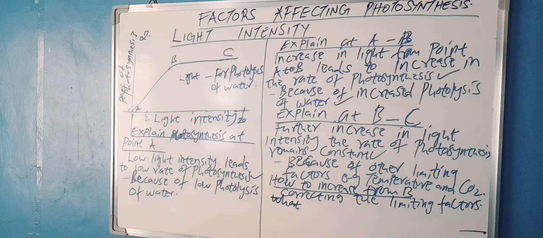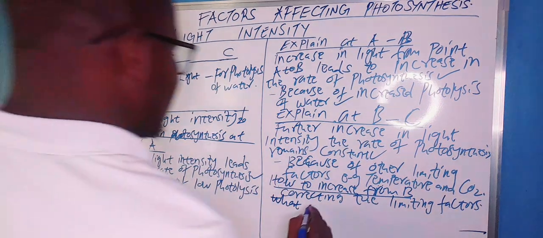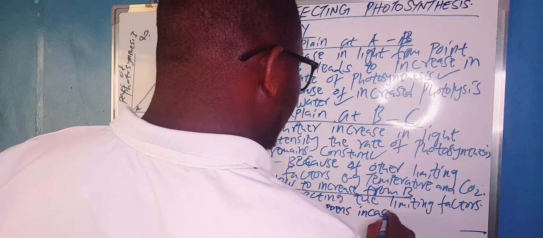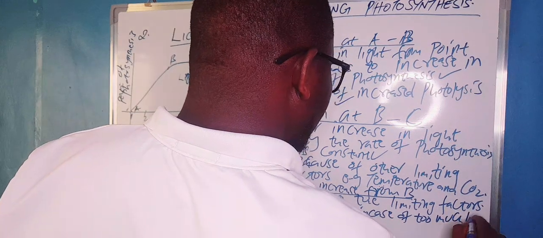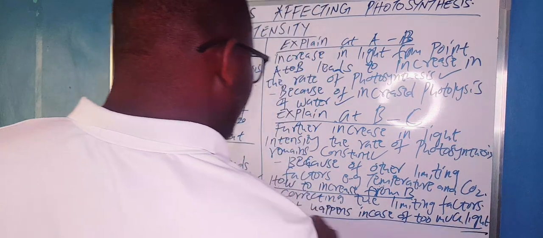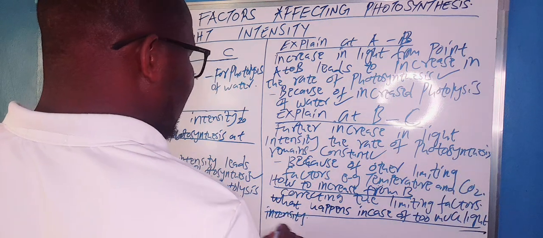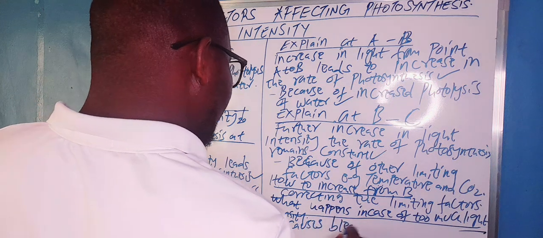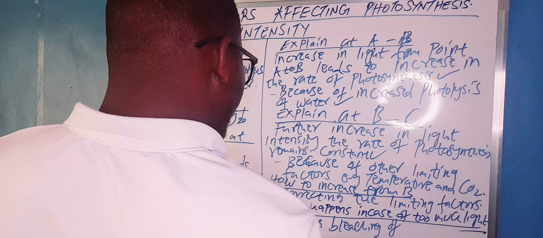It will cause the bleaching of the chlorophyll. So too much light intensity causes bleaching of chlorophyll.